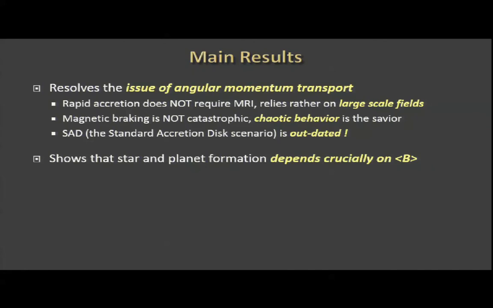So this shows that star and planet formation depends crucially on B, and therefore a pseudo-random variable that determines what kind of a solar system you get is how much magnetic flux did you happen to catch from the interstellar medium as you formed the core. This cannot be a constant. It must be something that varies with an order of magnitude, and then the energy varies with 2 orders of magnitude.